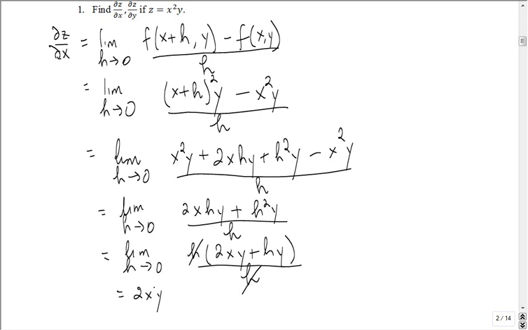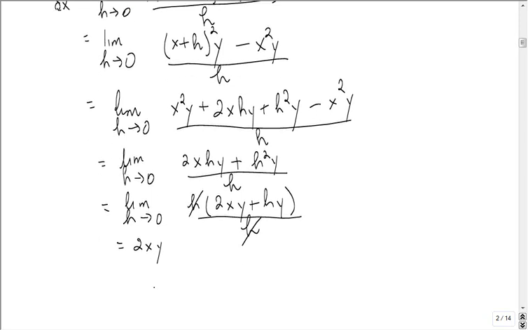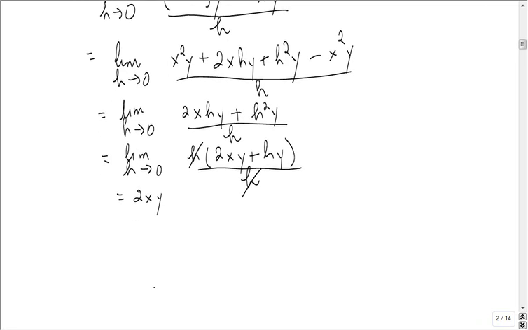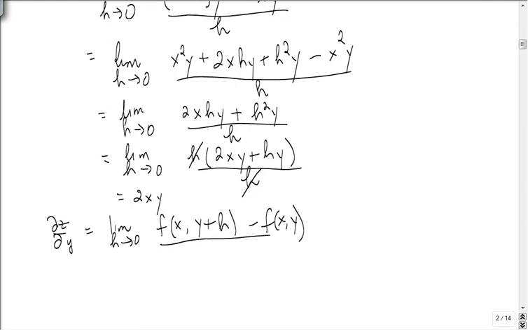Now let's do it with respect to y. So let's write out the definition. Partial z, partial y, is the limit as h approaches 0 of f of x, y plus h minus f of x, y over h.